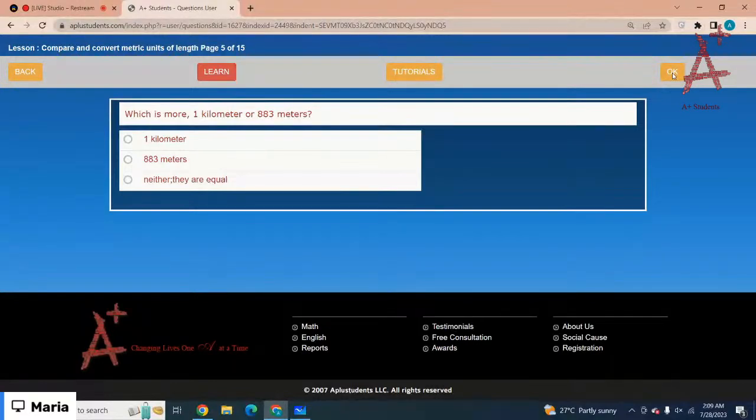The correct option is 1 kilometer, which is greater than 883 meters, right? Because in 1 kilometer you have 1000 meters. So 1 kilometer is more than 883 meters. Very good. The correct option is 1 kilometer.